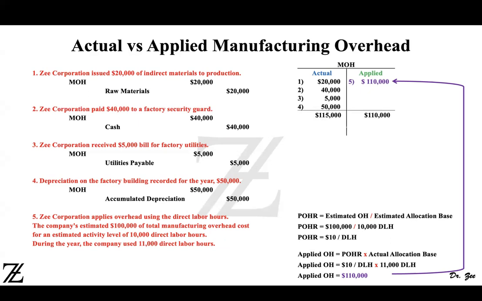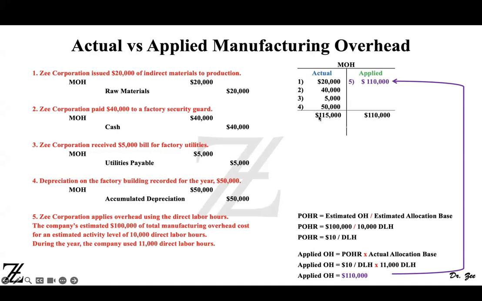You add all the left-hand side, actual 20,000, 40,000, 5,000, 50,000. You add them together, this gives you 115,000. And then you add the applied overhead on the right-hand side. If there are multiple applied overhead entries, you add them all. In this case, you have one, so you're just putting 110,000 here.